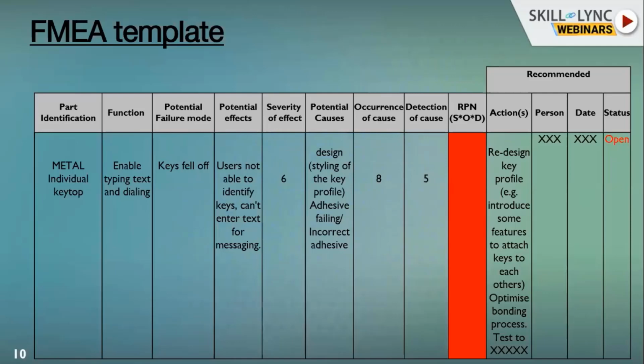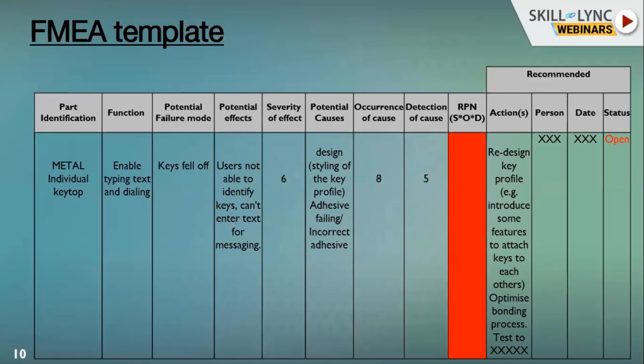And what will be the effect? Users not able to identify keys, cannot enter text. And then severity of effect, that's where you have to define: is it a scale of 1 to 4, 1 to 5, or 1 to 10? This was done for the scale of 1 to 10, like what is the effect on the user. And the potential causes are either design-related causes or process-related causes.